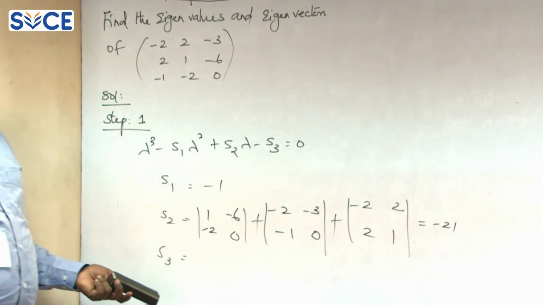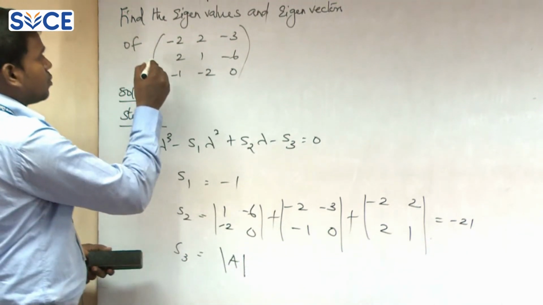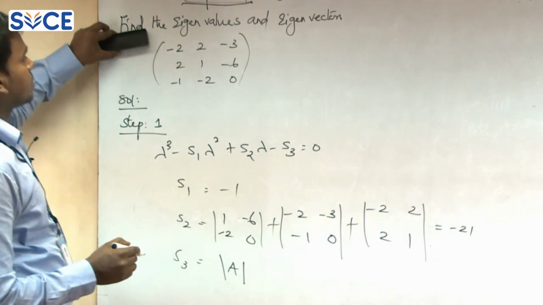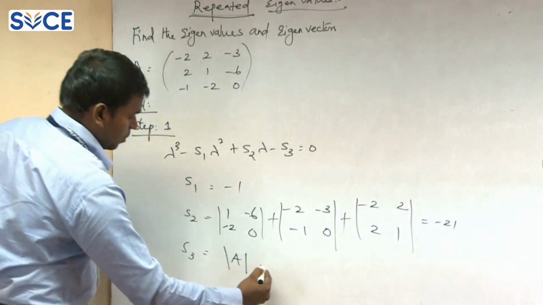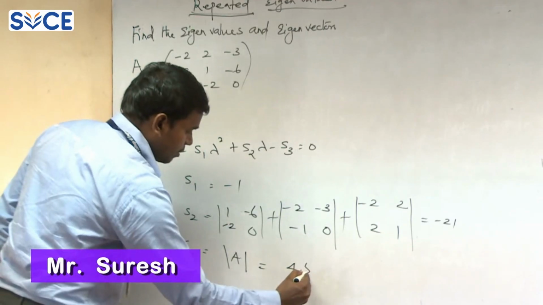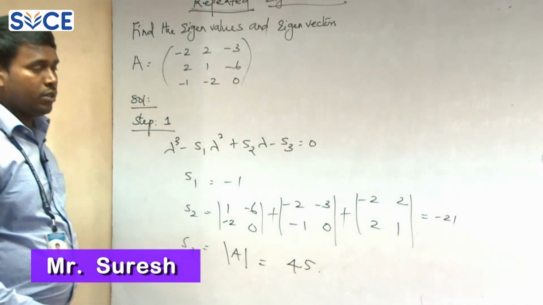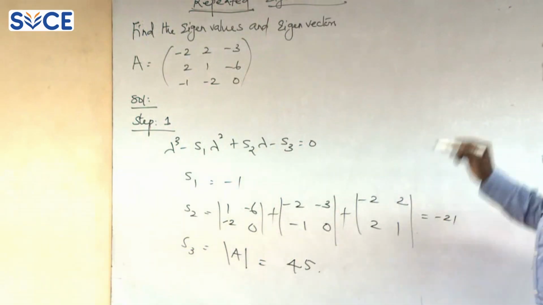Now, the last one, S3. S3 is nothing but the determinant of the given matrix. Let us assume the given matrix is A. So the 3 by 3 determinant, the answer is 45. Now substitute these values into your formula.